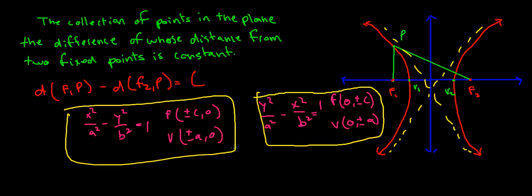So what I'm going to need to do is take one of my formulas, and the equations that I'm going to get for these asymptotes are going to depend on whether I have an x transverse axis or a y transverse axis. They're very similar, obviously. Most people could probably deduce that they would be slightly different, and they are. So I'm just going to do the example for this one right here, the x.